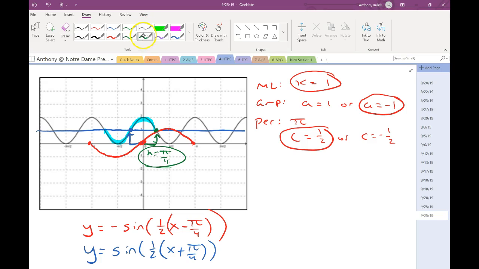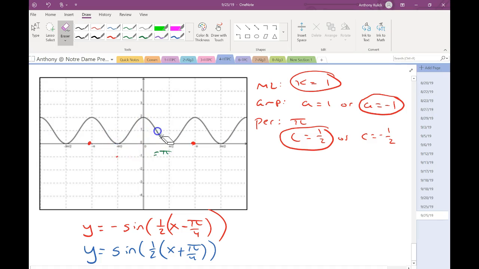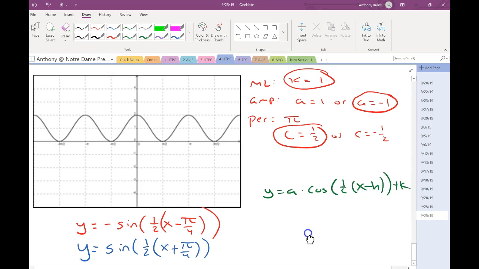But even so, I wouldn't have written these as the best answer for either of these. There's actually an easier way to do this. Anybody with a guess as to what would be even easier than what I've done here? Remember, for a sinusoid, this was a possible form also, right?